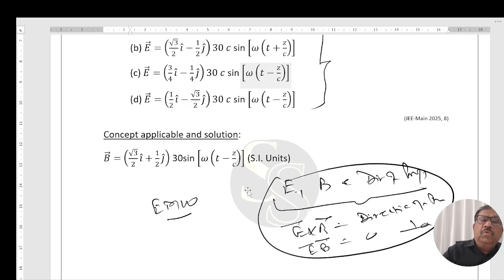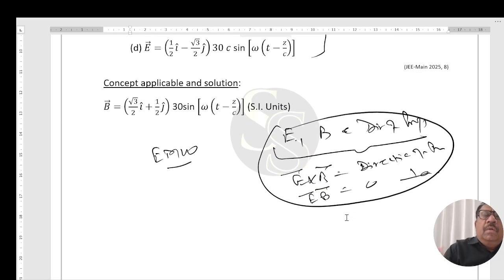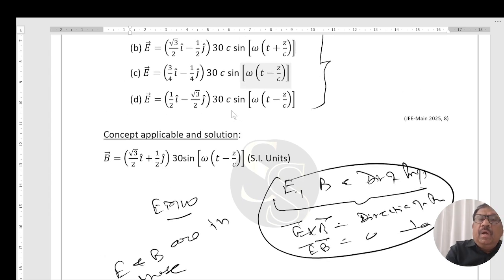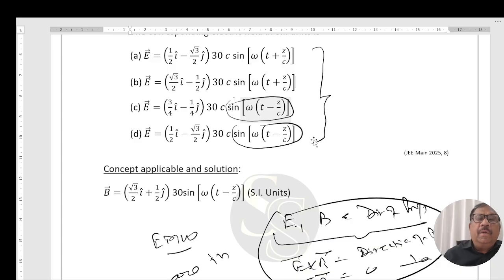Right? We have to use this concept. In this case, E and B are in same phase. Means the sin term is same, so one of these options is correct. A and B are rejected.